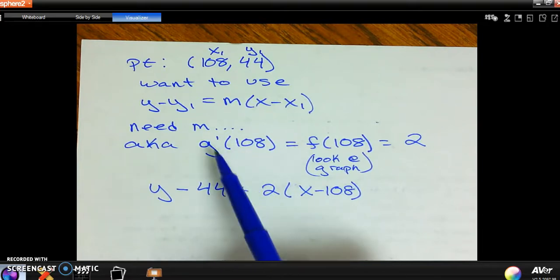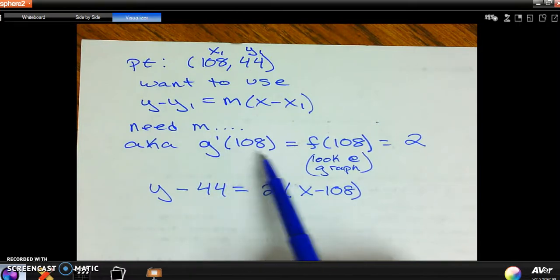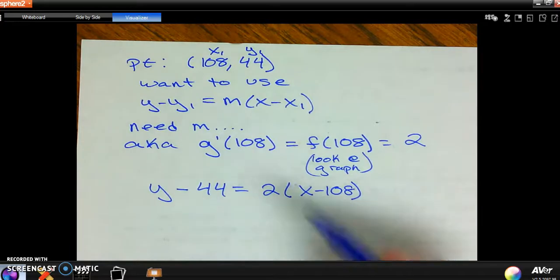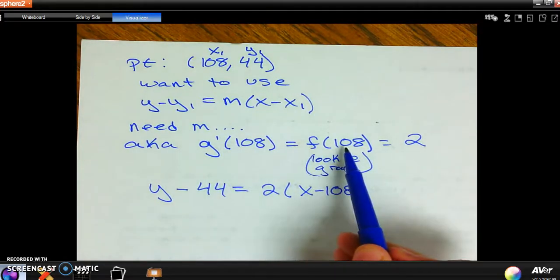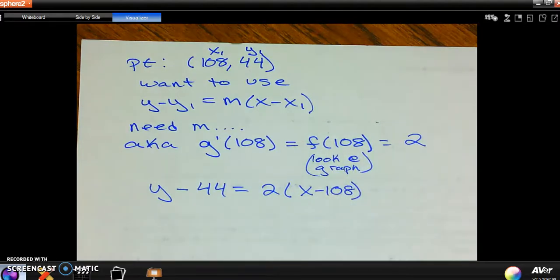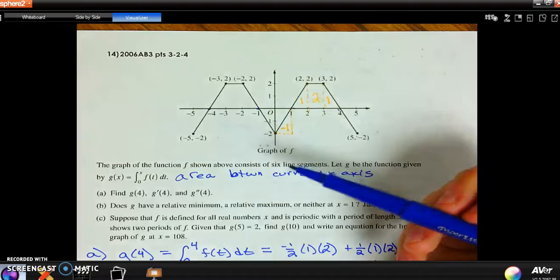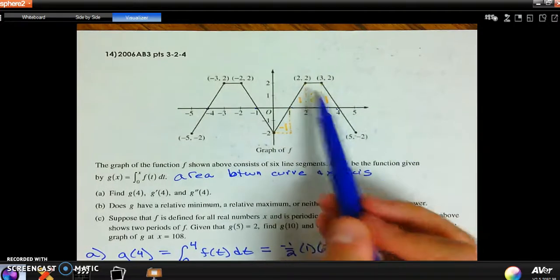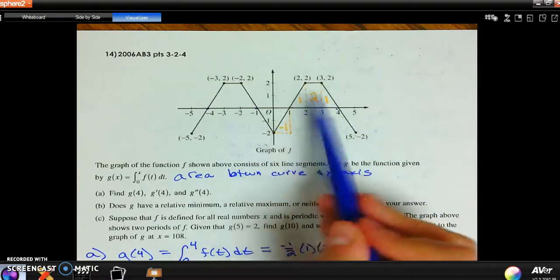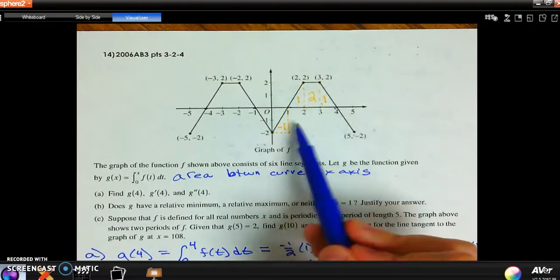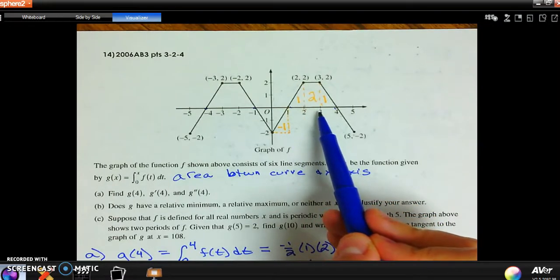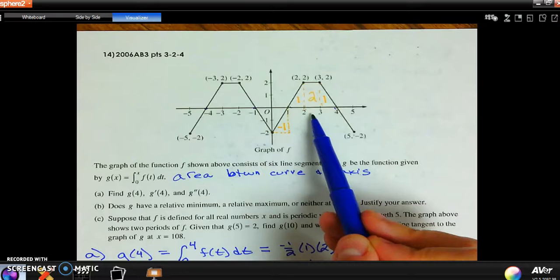But what you need to realize in this graph is that the derivative g prime of 108, going back to that fundamental theorem, is equal to f of 108. Then you need to go back and say, at 108, we know that this graph is going to keep repeating itself. So 108 is almost like coterminal. It's going to be equivalent to 3. Because of that 105, remember we had 3 left over to go from 105 to 108.